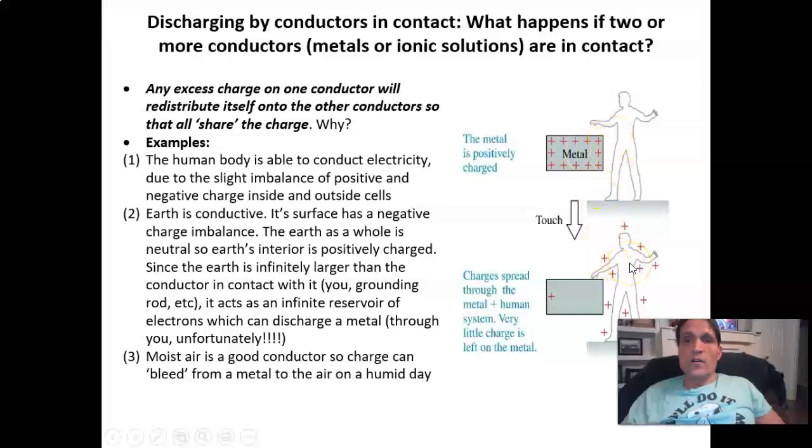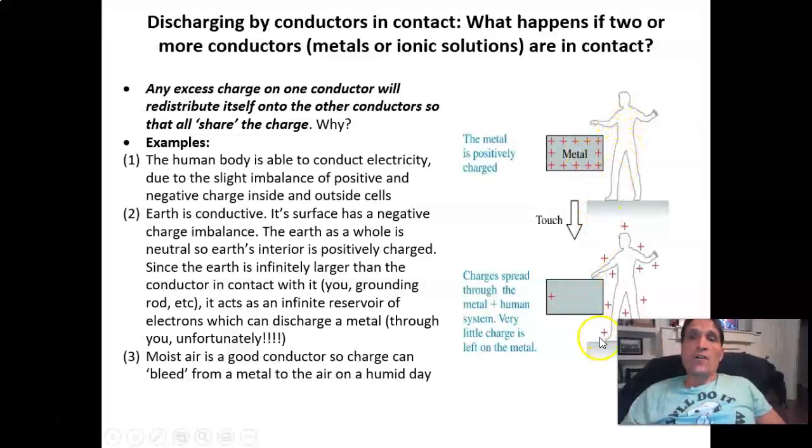So when two conductors are in contact, the net charge spreads out and is shared between them. In other words, we've discharged some of the metal onto the body, which is you.